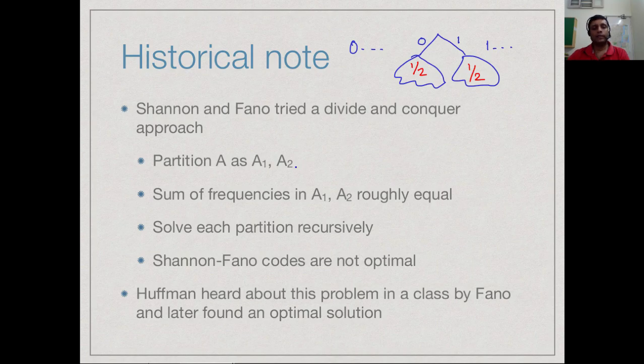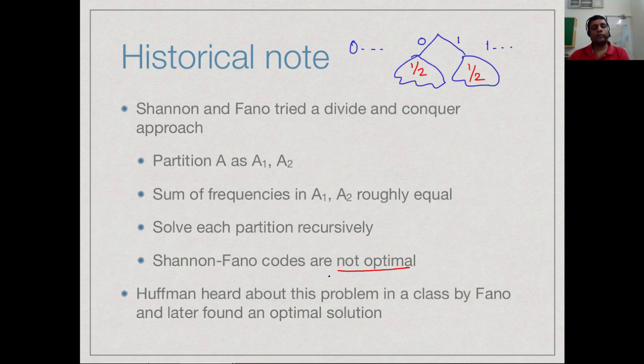So I partition A as A1, A2, where the sums of the frequencies in each of the sets are roughly equal, and solve them recursively. Unfortunately, this is not guaranteed to generate an optimal encoding. You can come up with examples where you end up with something which you can improve by doing some other thing.